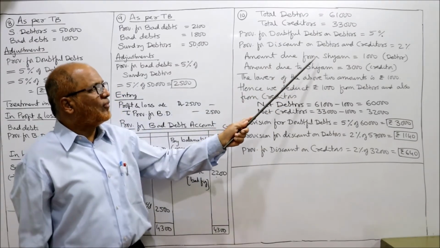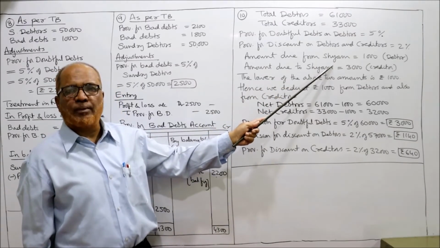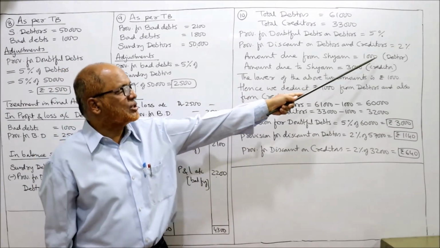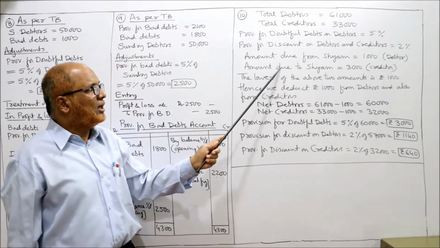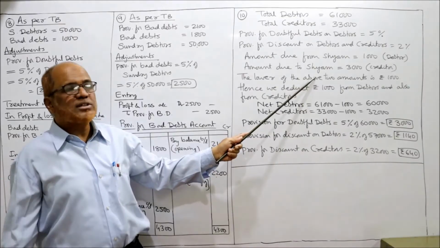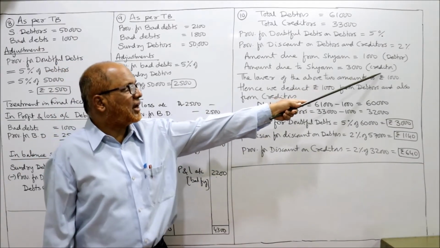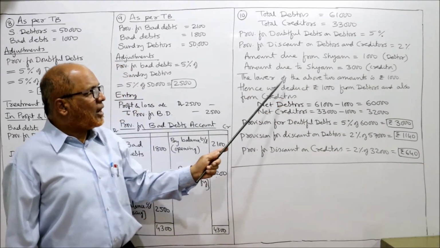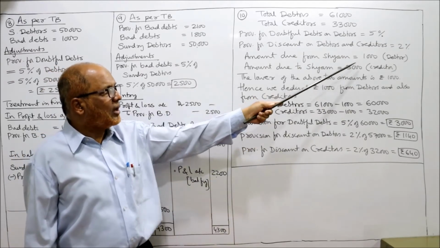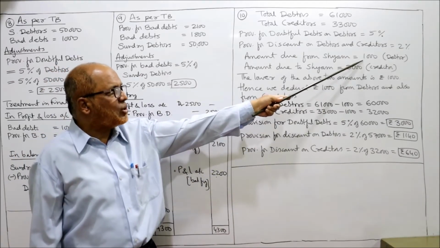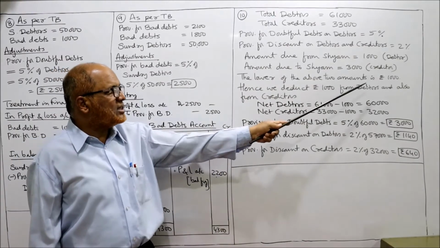Now amount due from Sham. Sham is the customer. Amount due from Sham is 1,000, debtor. And how much is the amount due to Sham? 3,000, creditor. So the lower of the above two amounts is 1,000.